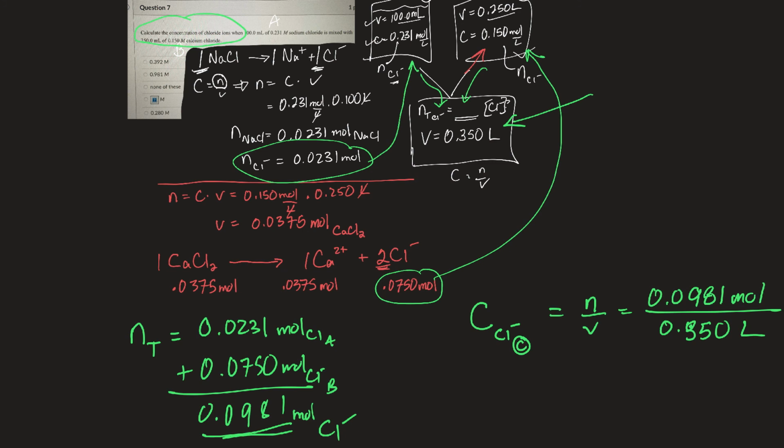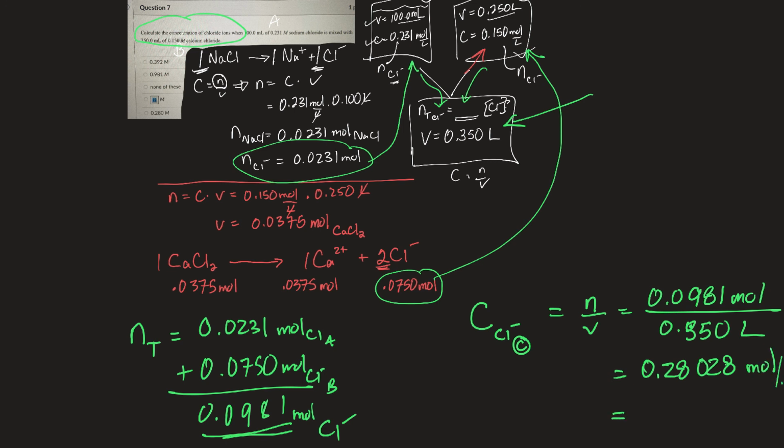Okay, break out the calculator. I'm just going to make sure I added that right. 0.0231 plus 0.0750. 0.0981, yeah, that's right. Divided by 0.350. So this will be 0.28028, etc., moles per liter.